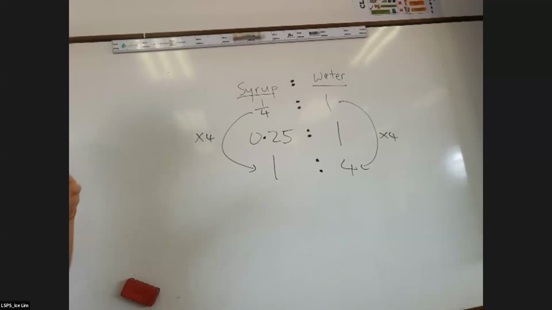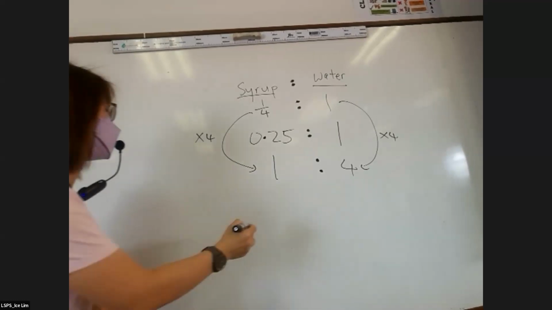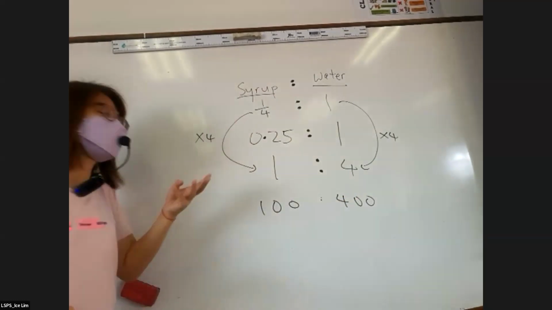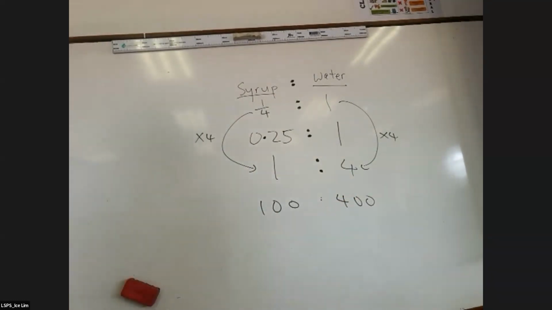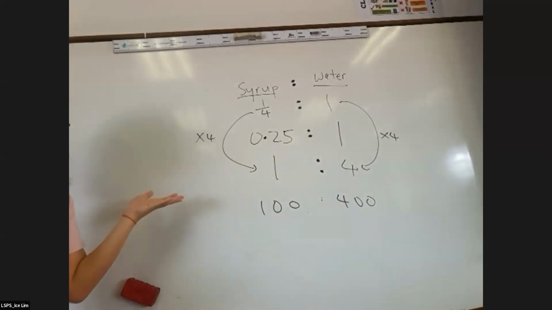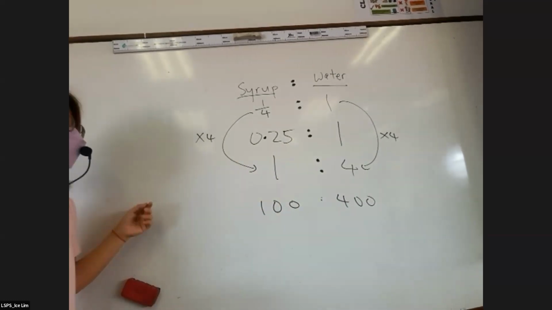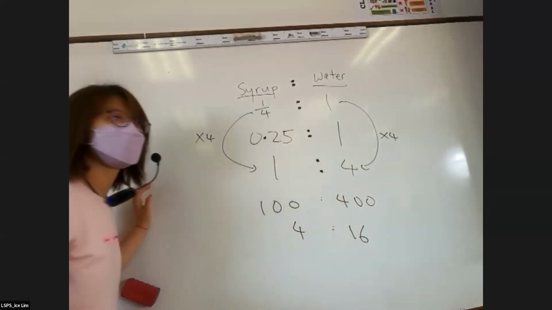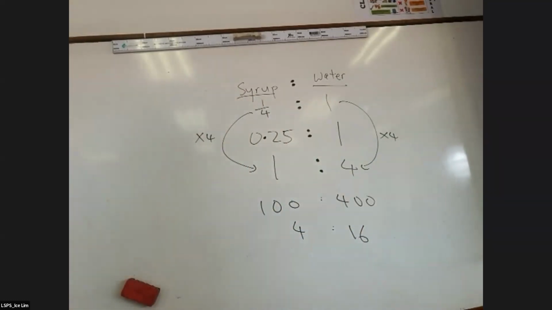Then just now somebody said times 500. Is it the same ratio? Yes. Ratio wise, is it the same? Is it the same relationship? So this is the simplest form that we know in whole numbers. Can I say it's 4 to 16 as well?